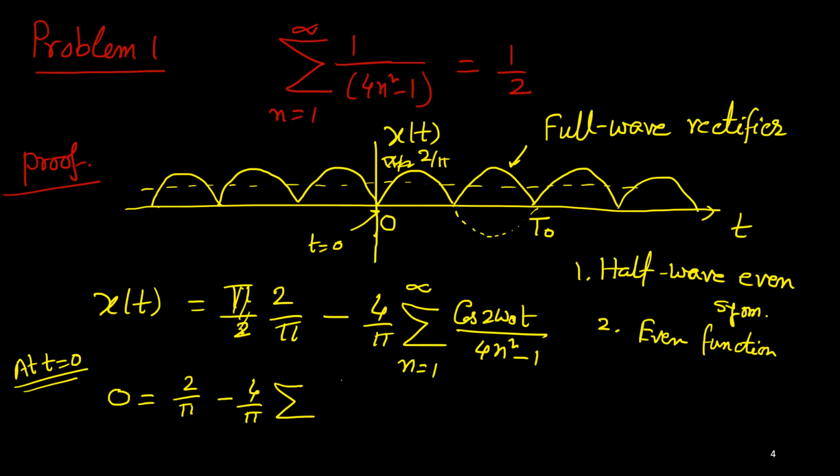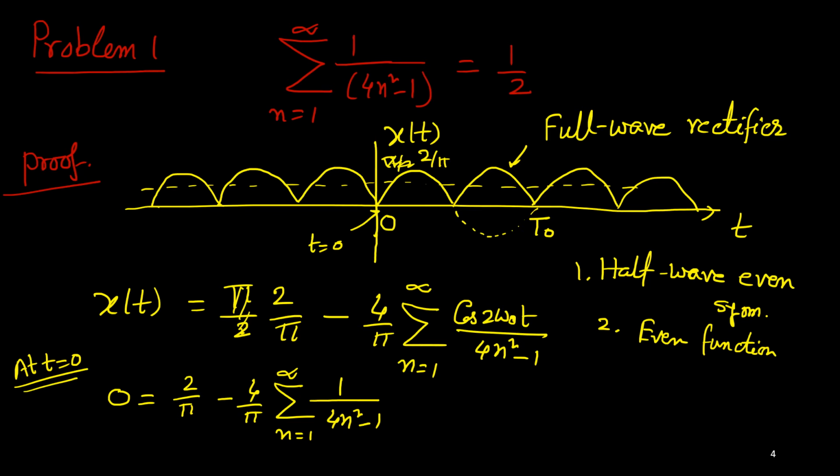So the numerator will become 1 always for all even harmonics, and it is simply 1 upon 4n square minus 1, where n equals 1 to infinity.